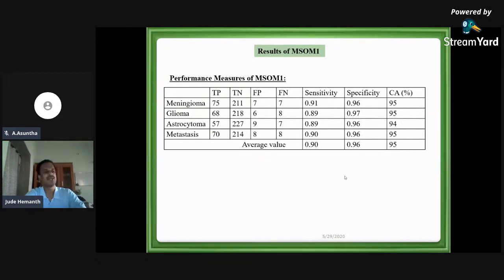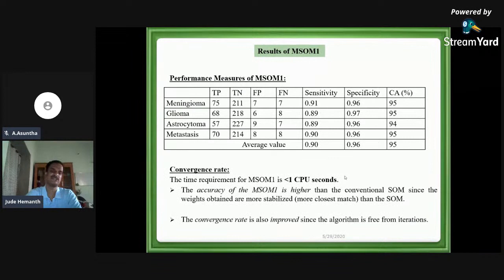Right? When you write a research paper, you should not stop with this. Now tell me the reason why my accuracy is improved, or what reasons you think would have improved the accuracy of your MSOM1. The first one is that because my iteration is eliminated, the weight matrix which I have is a more converged weight matrix. It's not a random weight matrix.